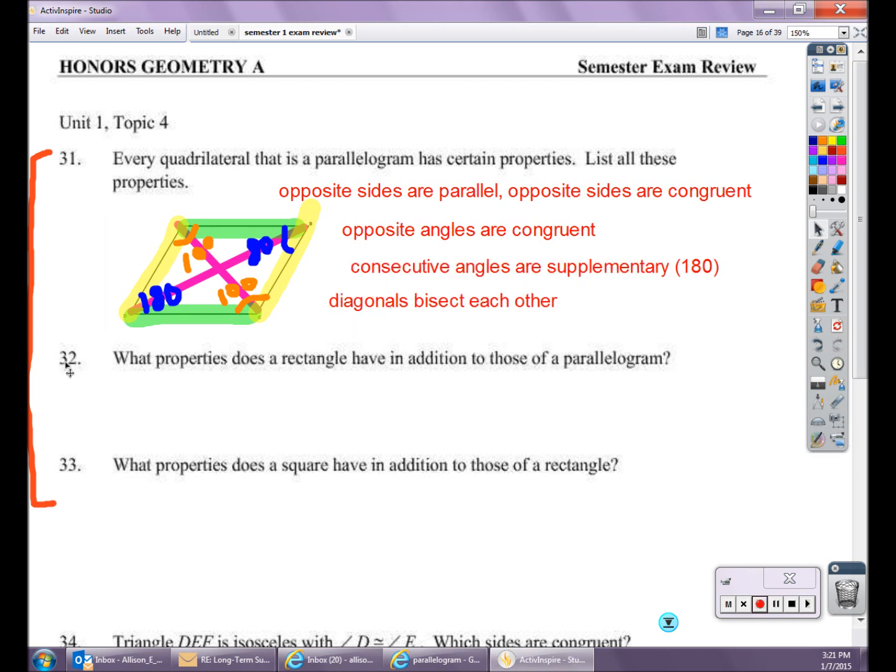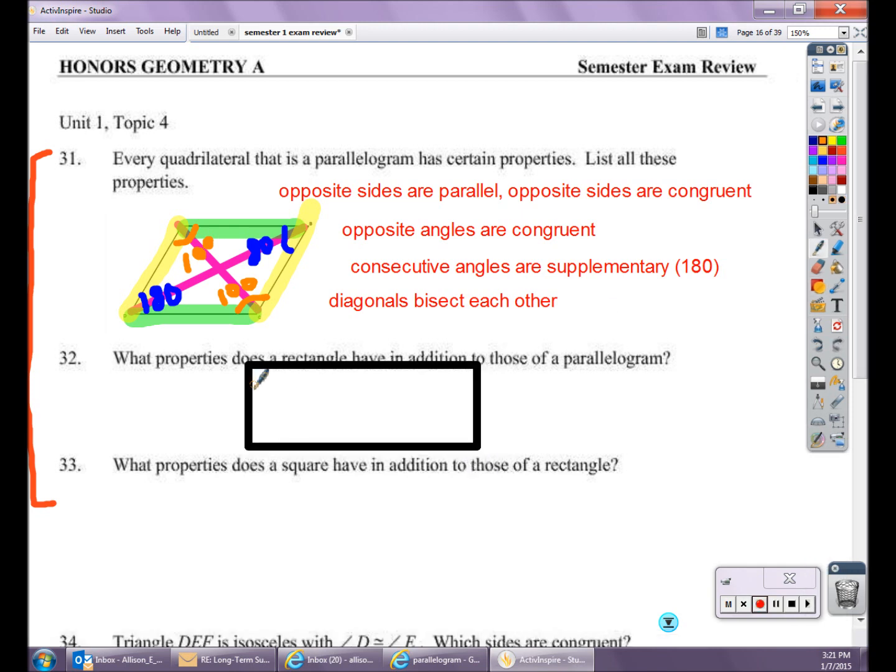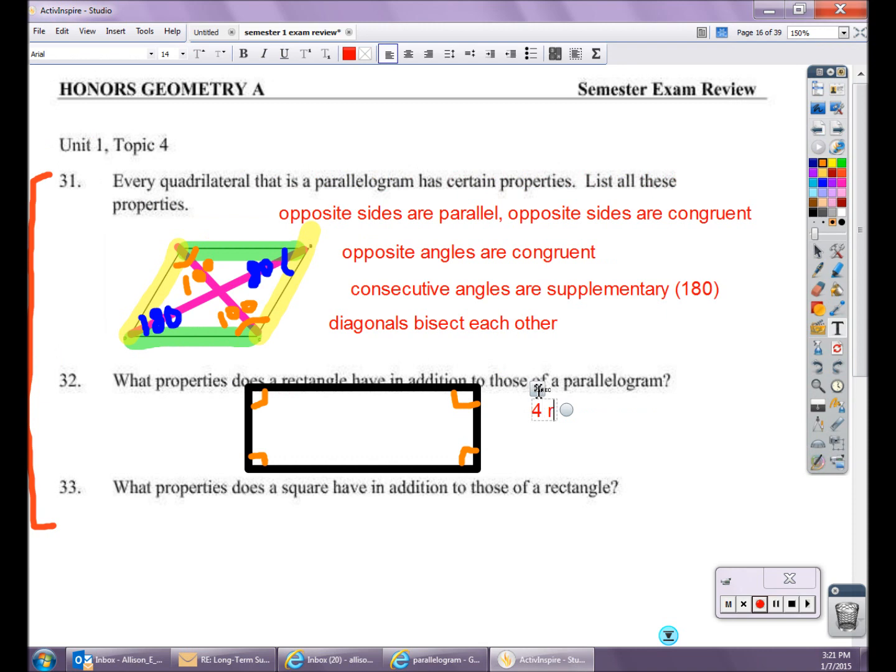Alright, number 32. What property does a rectangle have? The most important thing about a rectangle is its definition. So, let's see. Okay, so there's a rectangle. By definition, it must have 4 right angles. So, property of a rectangle, 4 right angles.